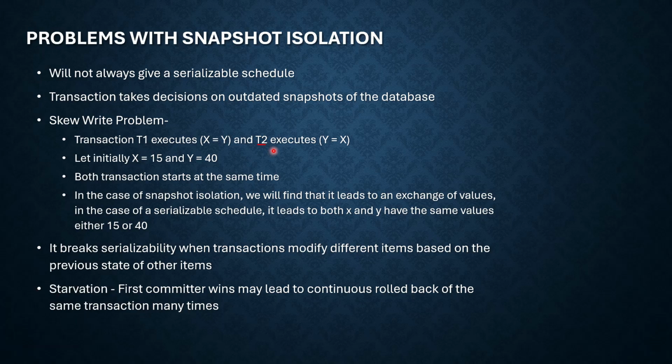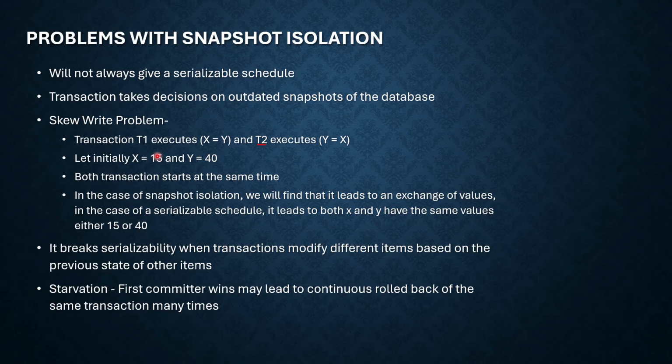In a serializable schedule, either both variables will have the value 40 or both will have the value 15. It depends on which transaction executes first. If transaction T1 executes first, then both x and y will have value 40. And if transaction T2 executes first, then both variables will have value 15.